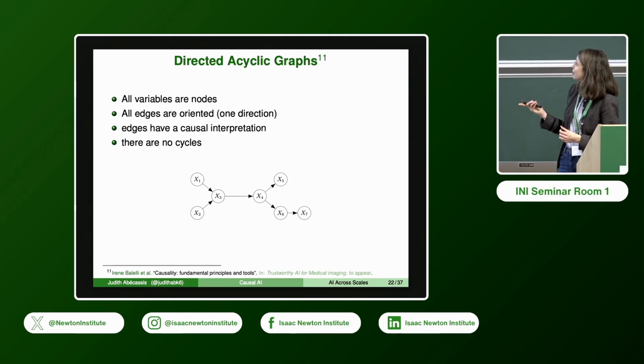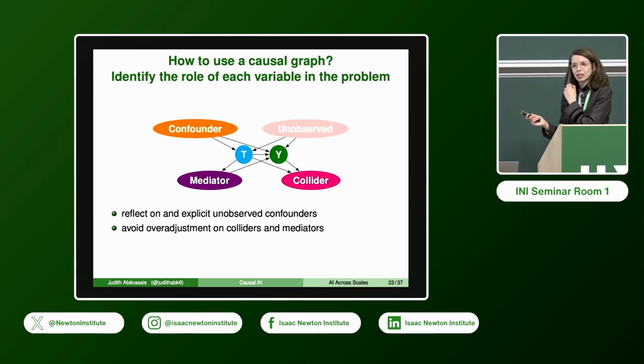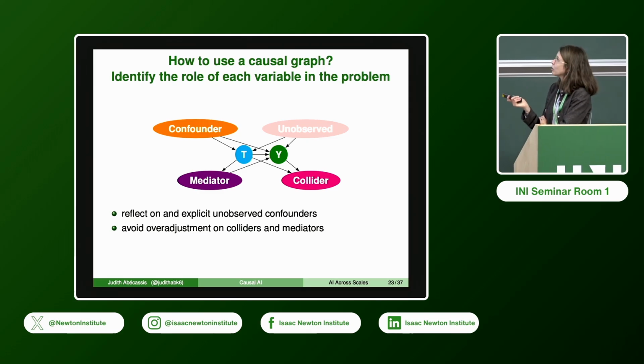So now if I have such a graph, there are a lot of rules that you can use to actually assess if you have identifiability or not based on the graph, but mostly the structure of the graph is going to distinguish and define different groups of variables. So the ones that we have discussed before, the confounders that you have to adjust on, like the age in this COVID vaccine example.